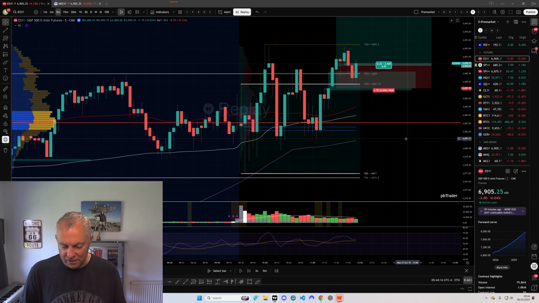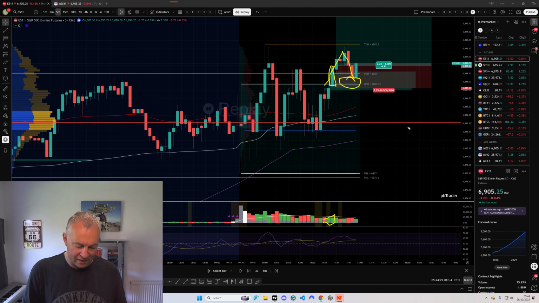So this is another strategy I use, and this is what I look for. If I miss the opening range breakout, this one here, or I wasn't too impressed in the volume, it doesn't quite trigger, then I wait for the break and retest of the opening range. So that is an entry, and we could have put our entry there, exactly the same place where we entered actually. We could put our stop just there as well.